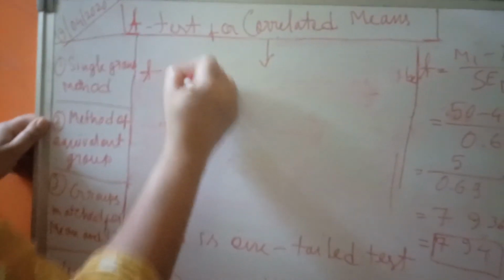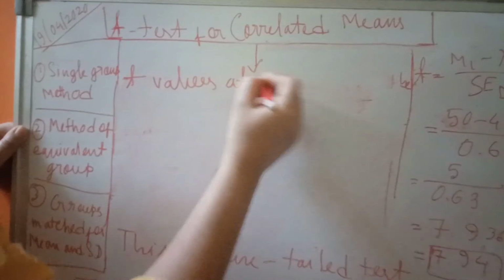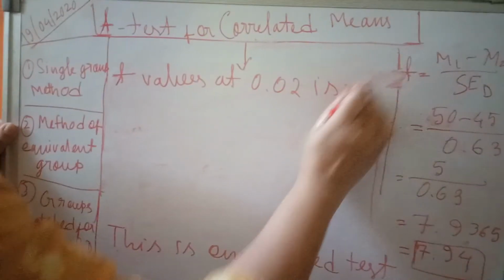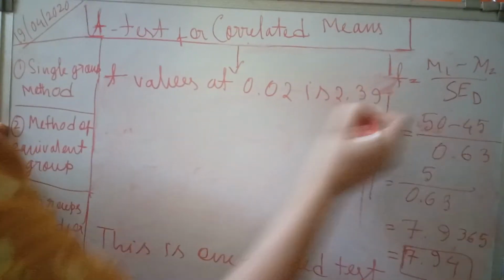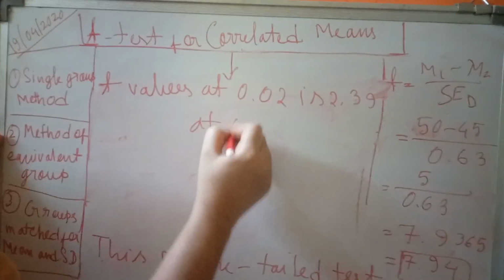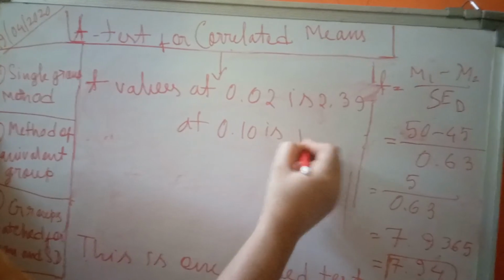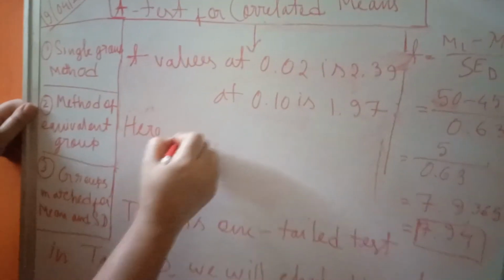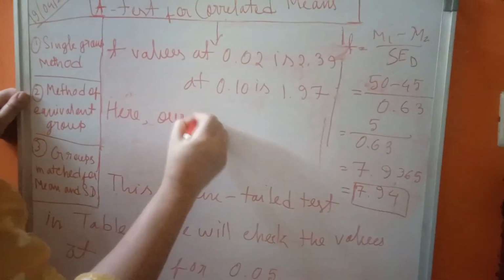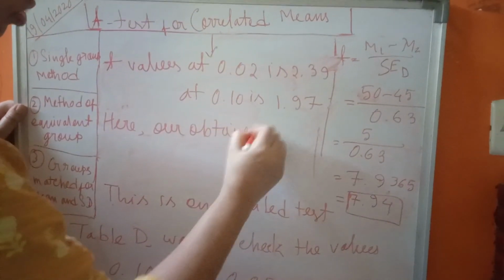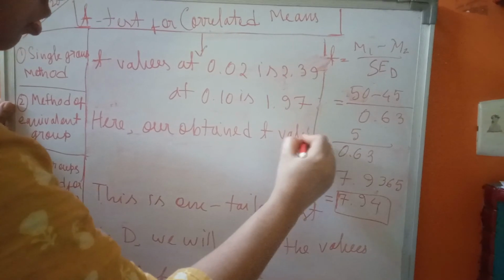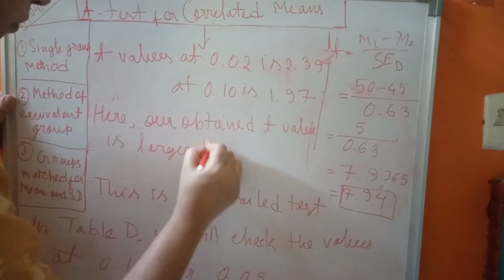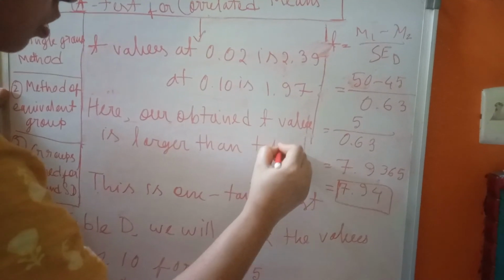So we can say that the t value at 0.02 is 2.39 and at 0.10 is 1.67. Here our obtained t value is larger than the table values.